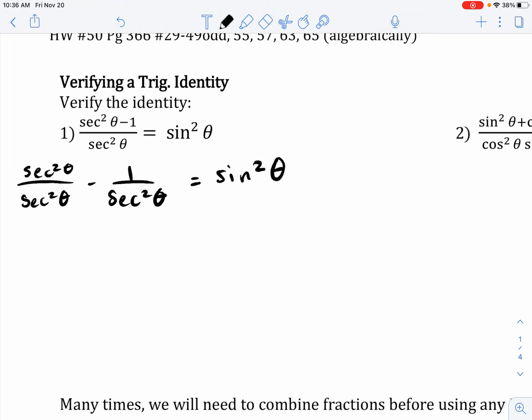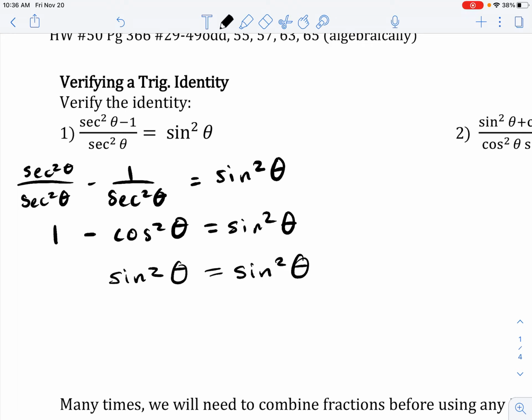And that allows me to rewrite this as 1 minus, and using the reciprocal identity, 1 over secant squared theta is simply cosine squared theta. And 1 minus cosine squared theta, using the Pythagorean identity and that substitution, we can just write as sine squared theta.